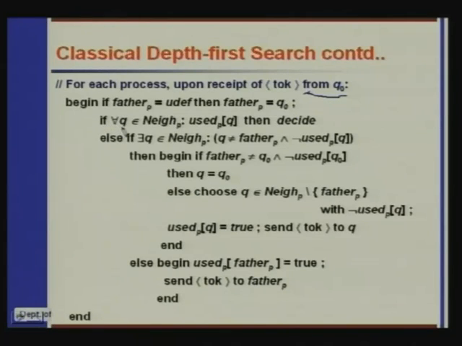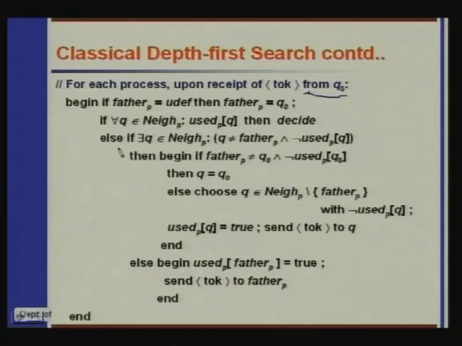Now, if for all q belonging to the set of neighbors of P, we find that used PQ is already true, then we decide. If we find that for all neighbors we have already exhausted used PQ, then we decide.